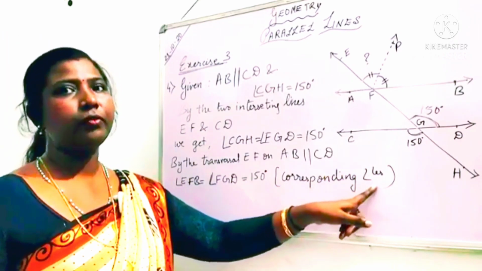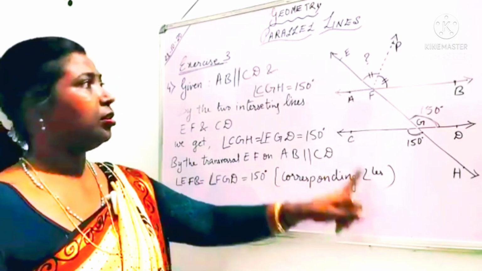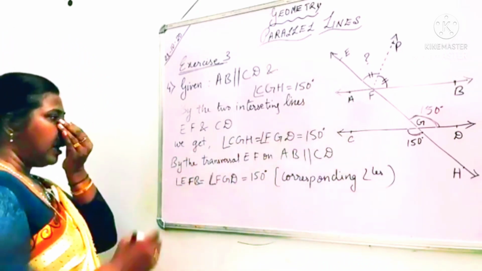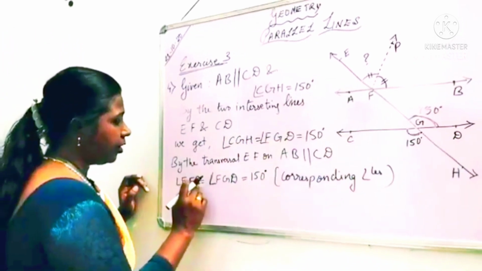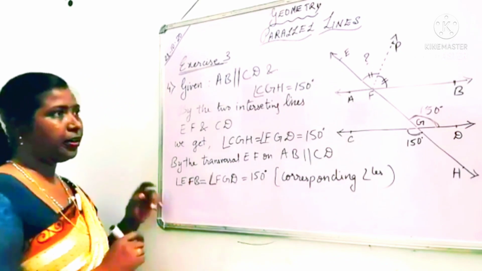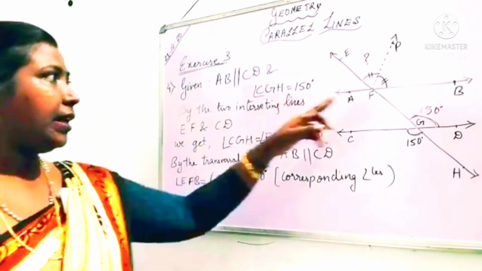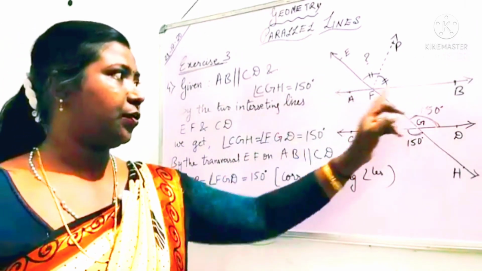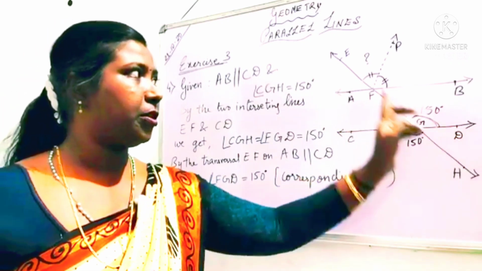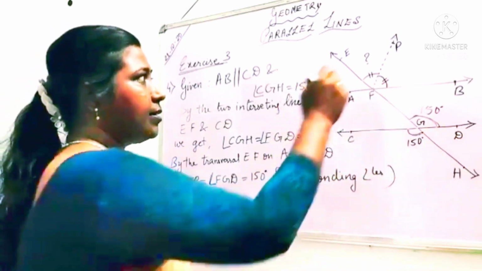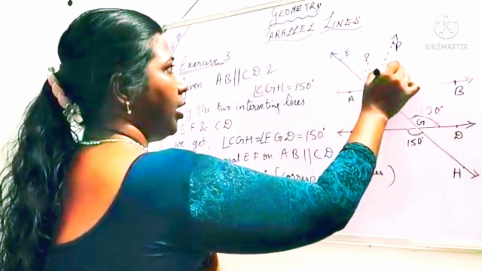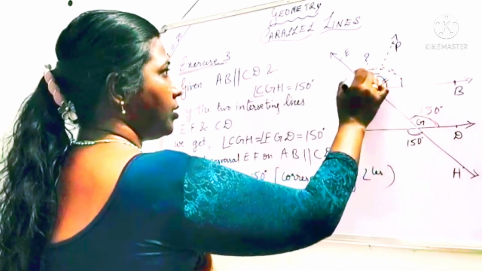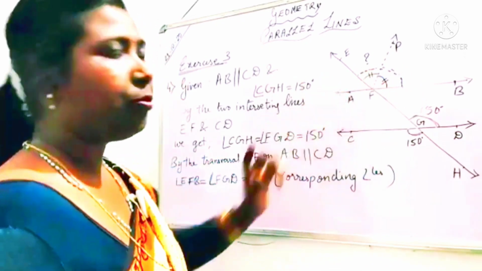You have to write it in full form. Don't write short. Now here, angle EFB is equal to angle FGD because both the angles are corresponding angles. That's why I put it like this.